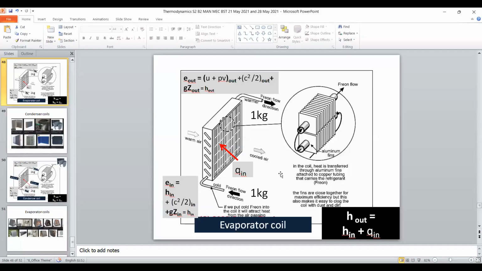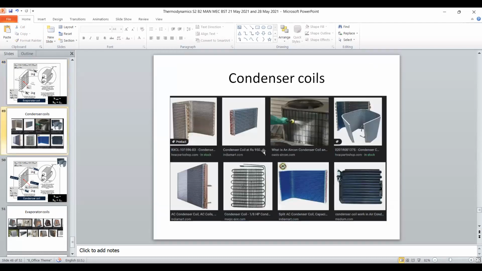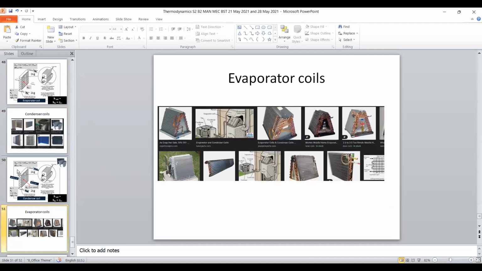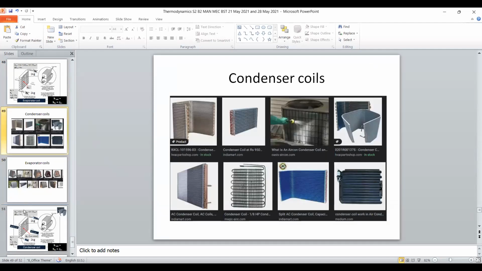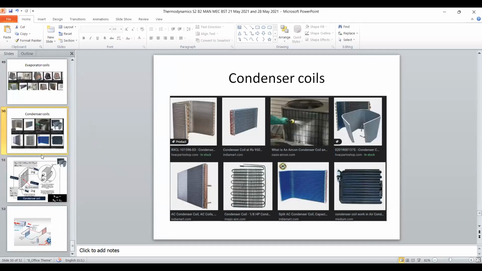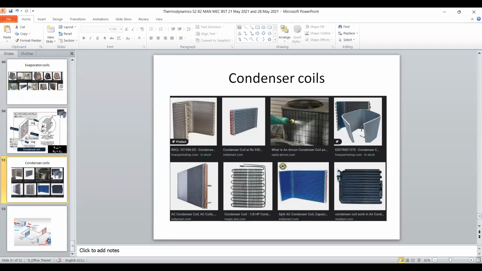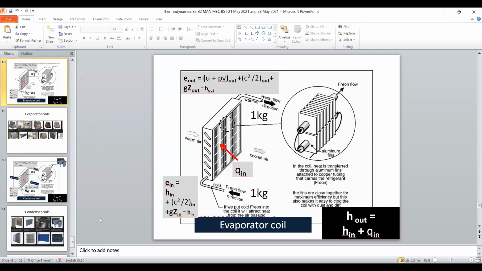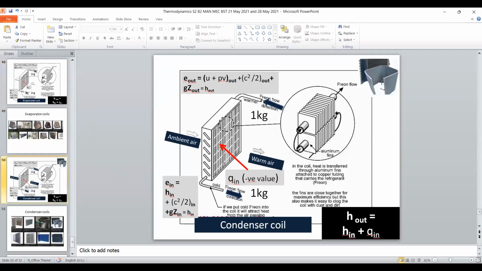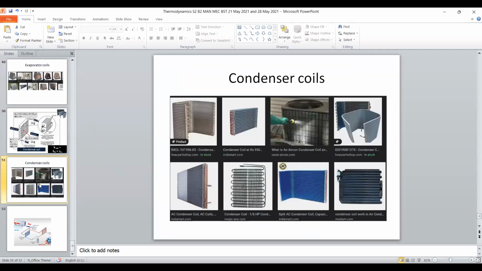Evaporator coils. Yeah. Condenser coil, like this. Okay.